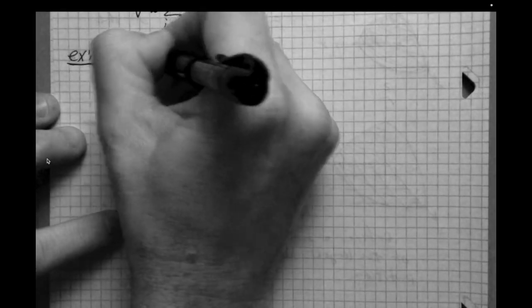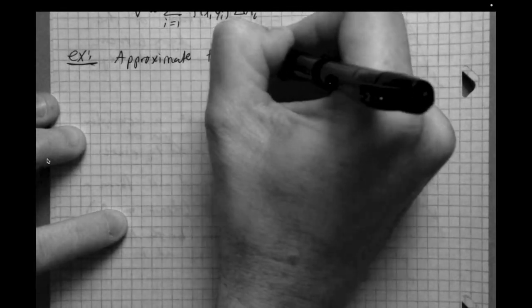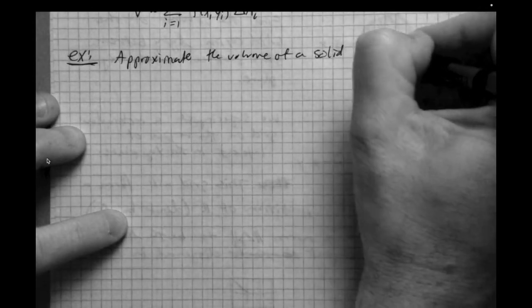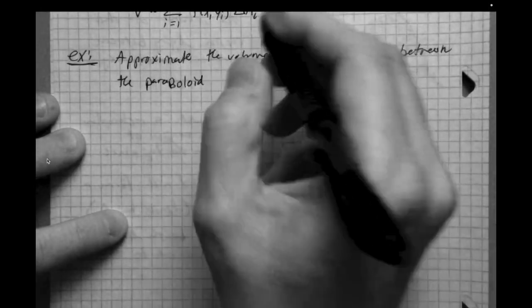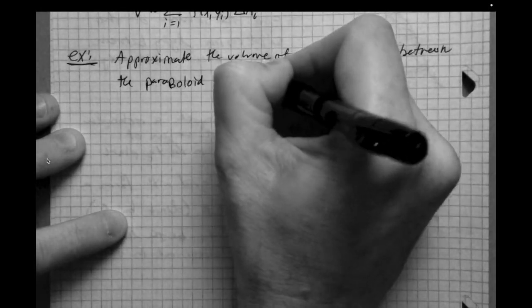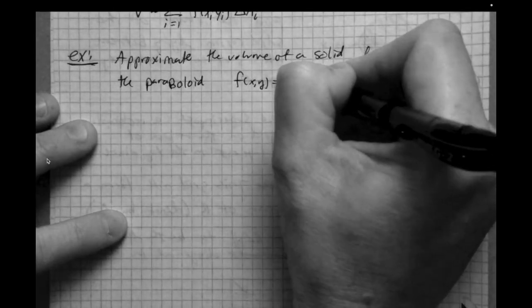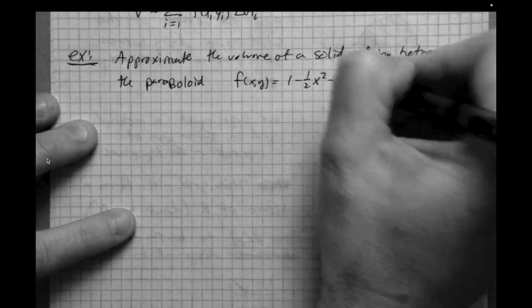Okay, so say we want to approximate the volume of a solid lying between the paraboloid, and we'll write the equation here for the paraboloid. It's going to be 1 minus 1/2 x squared minus 1/2 y squared.